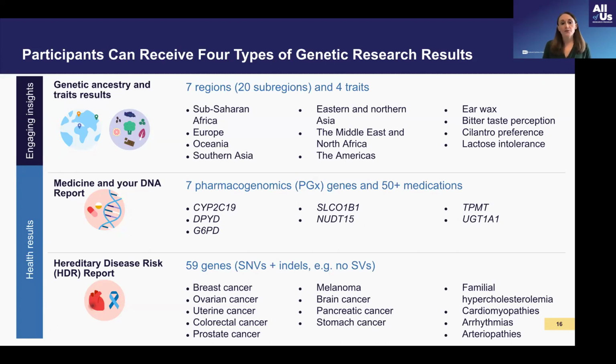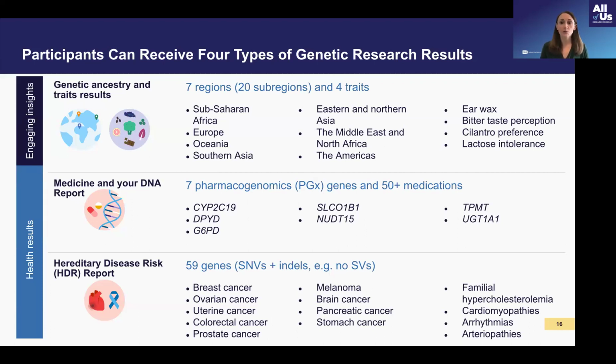So the first thing that folks get back from the All of Us research program are genetic ancestry and trait results. We give back 7 regions with 20 subregions to participants. So it's a pretty high level that's, more or less, continental, but they can understand where their genetic ancestors came from, not necessarily their parents or close family members, but ultimately where they came from in historical times, as well as traits.